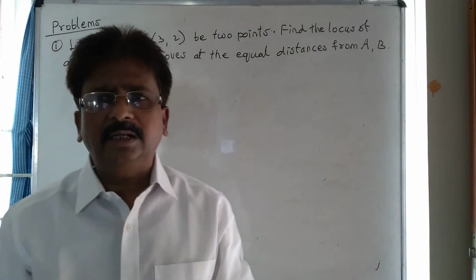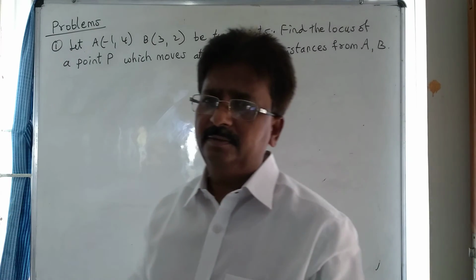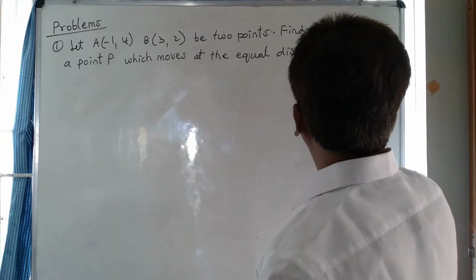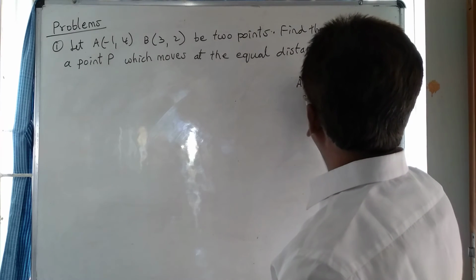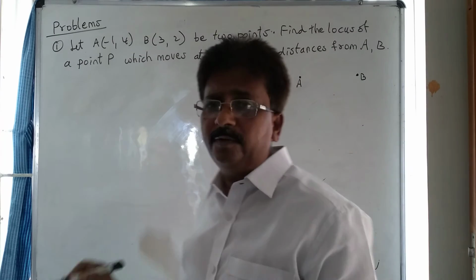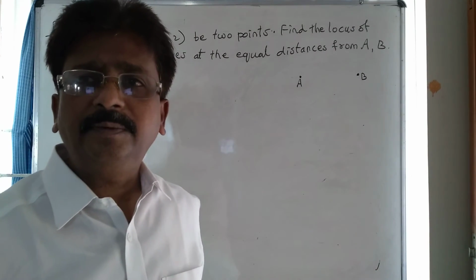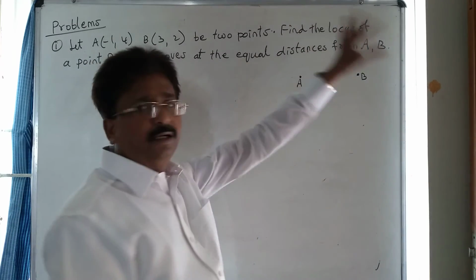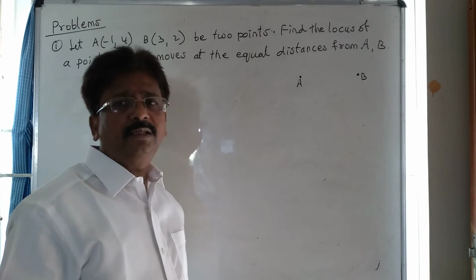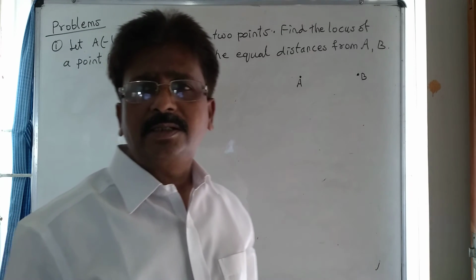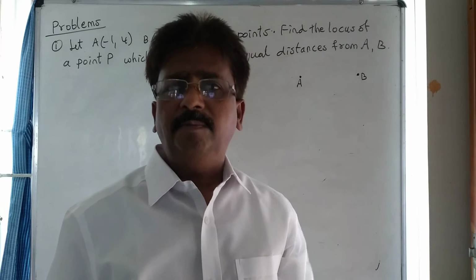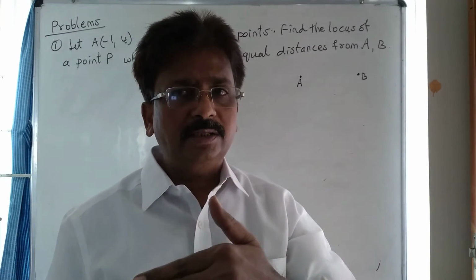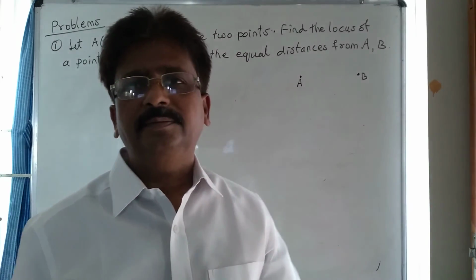How can you frame the given condition mathematically? There are the 2 points A and B. A point P is moving. Where should you identify the P point? Anywhere you can identify. But given that it is equal distances, the point P is at equal distances from A and B.